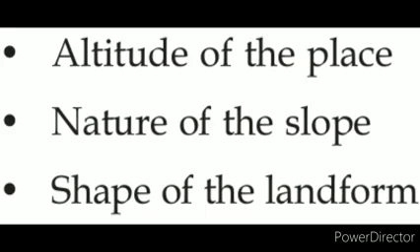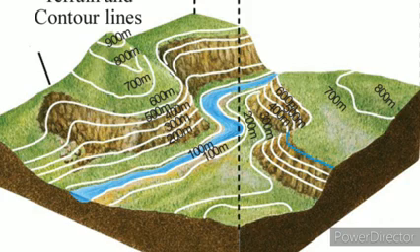Nature of the slope means whether it is steep slope or gentle. Then, shape of the landform. It is very clear that the shape of the landforms are determined by using these contour lines. How can we determine the shape of these landforms?